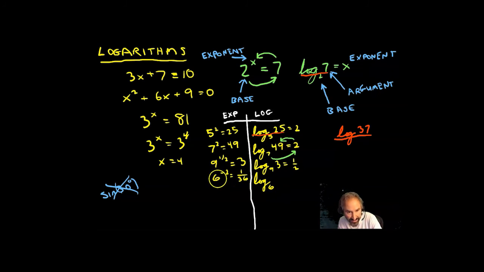This is the base 6, so I write it as a little base here. The argument is 1 over 36, with the 36 written at the bottom of the word log. And then that is equal to the exponent, which is negative 2. There we go. Sorry, that's an equal sign.